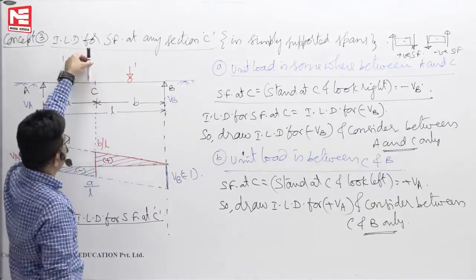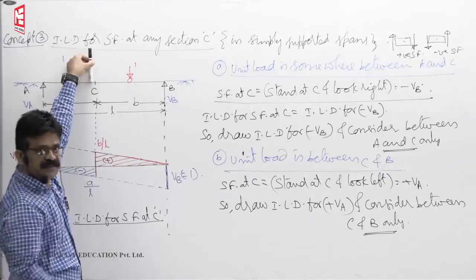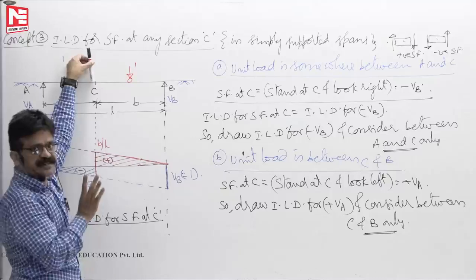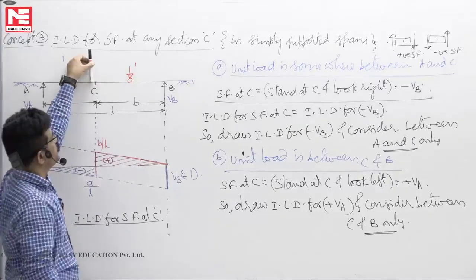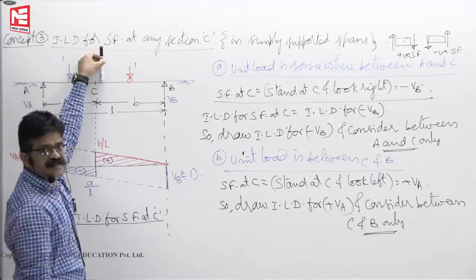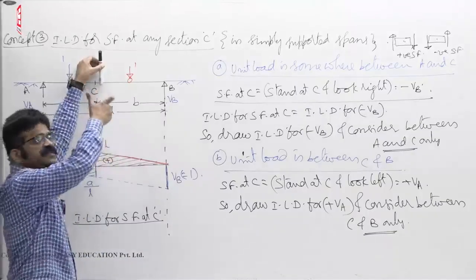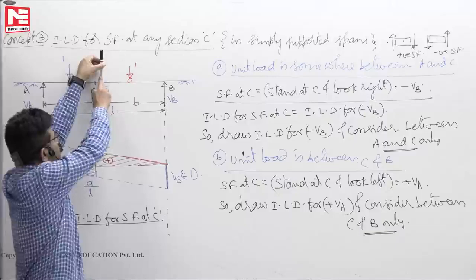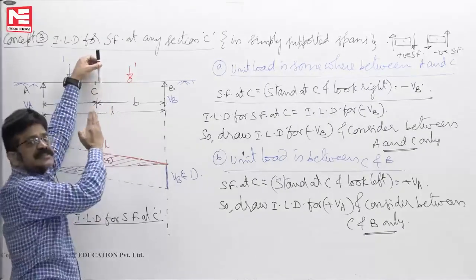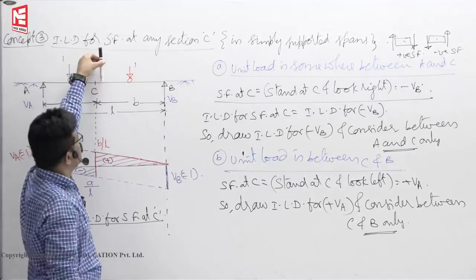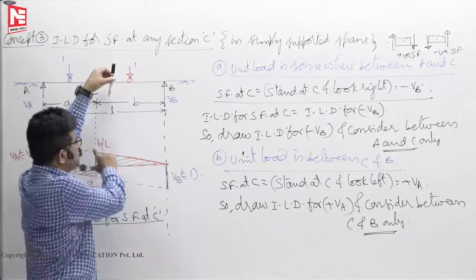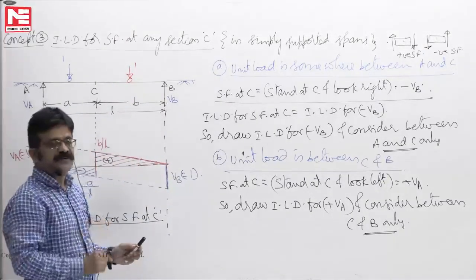When he is just to the left hand side of C, shear force at C is negative and negative value is maximum. Once the load crosses C, then suddenly shear force changes from negative to positive. Then load into B by L is the shear force at C and its value is positive. As the load moves from C to B, his influence on shear force gradually reduces to 0.